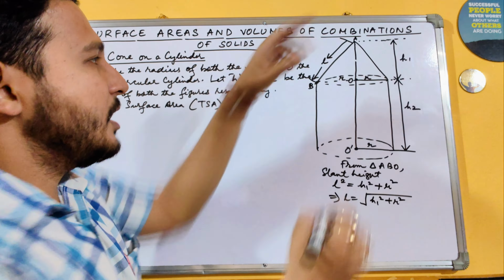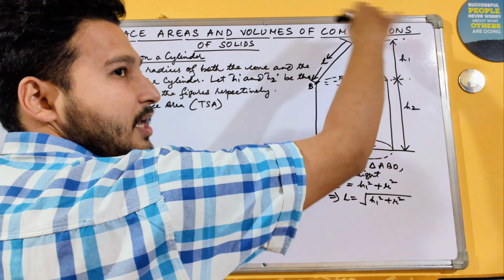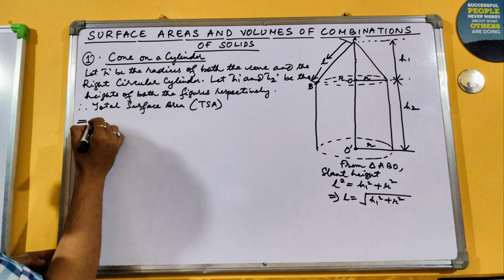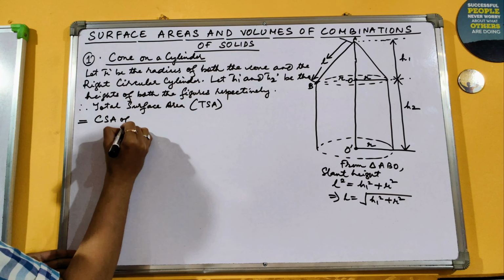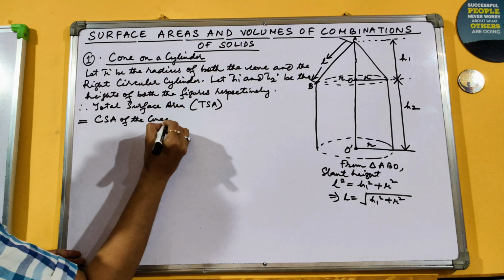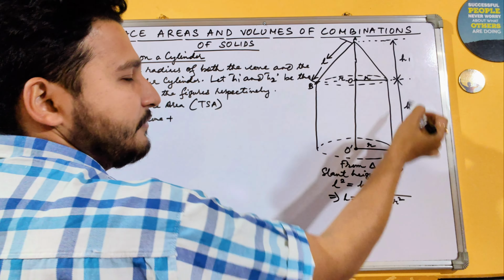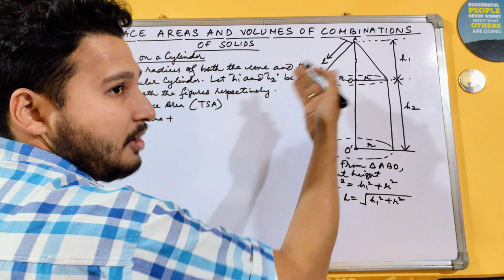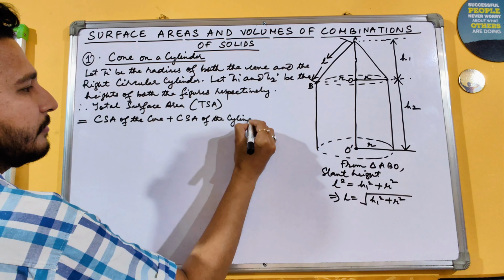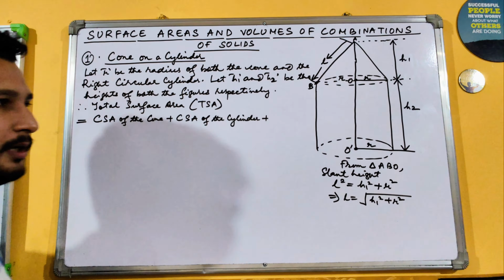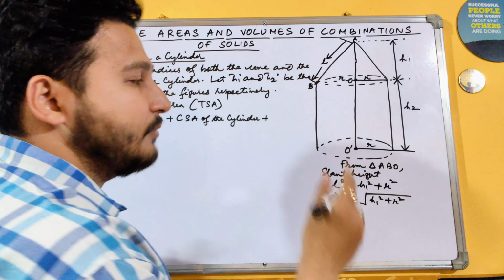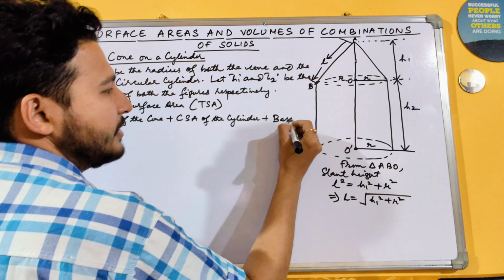First, curved surface area of the cone, CSA of the cone, plus curved surface area of the cylinder, CSA of the cylinder, plus, don't forget one thing, the base of the cylinder, at which the whole figure is standing. So that is nothing but the area of the base of the cylinder. So you can write base area of the cylinder.